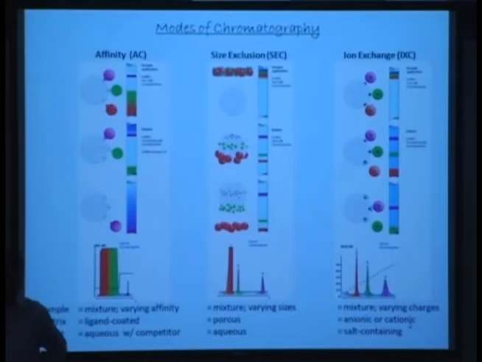Most of the time that happens with heparin when we do heparin Sepharose chromatography. At the end, those molecules that actually bind the best typically elute at a fairly high salt concentration. So what happens?